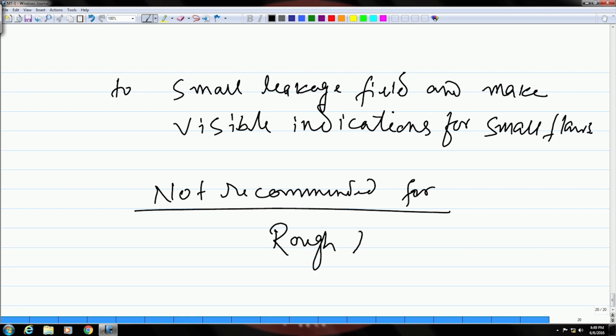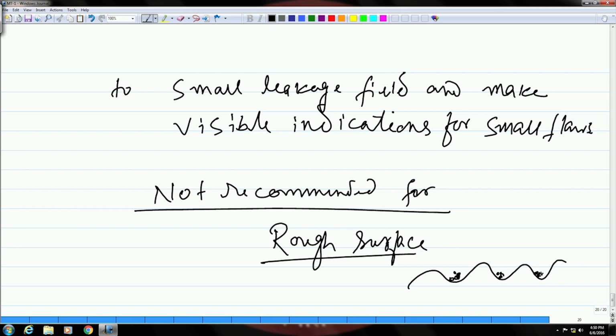So, if you have high surface roughness, like a lot of undulation on the surface, then these kinds of wet particles are not recommended, because in the valleys that you have, these particles will tend to segregate along these valleys.